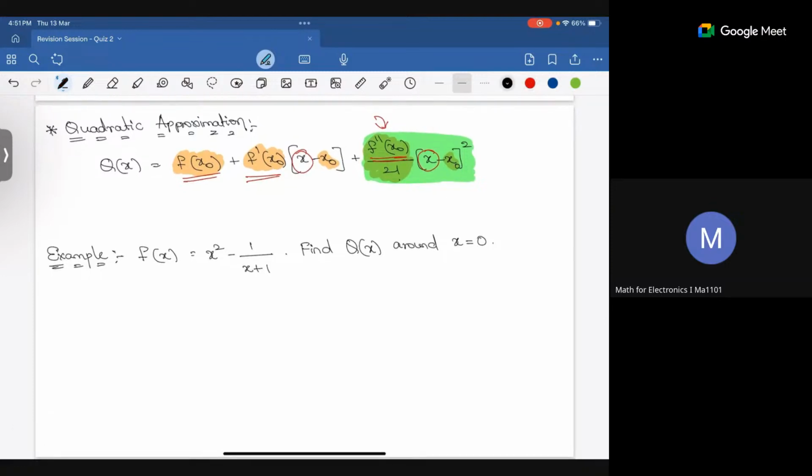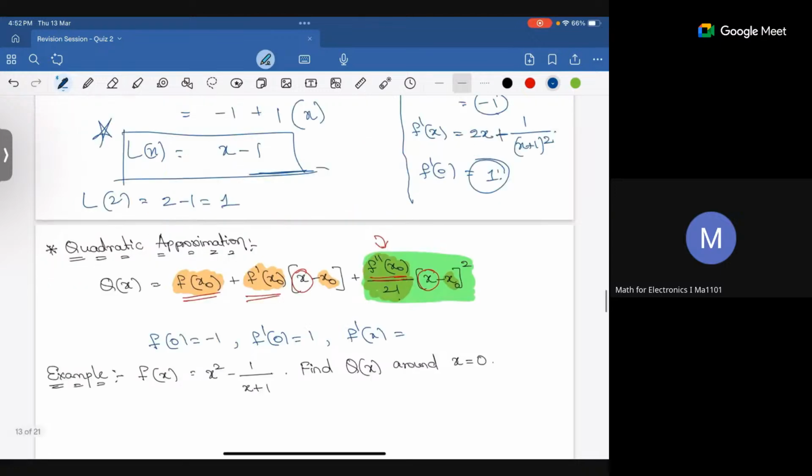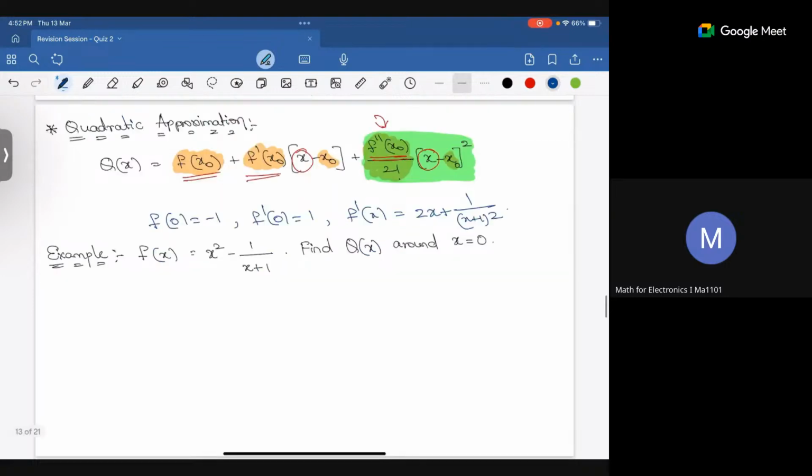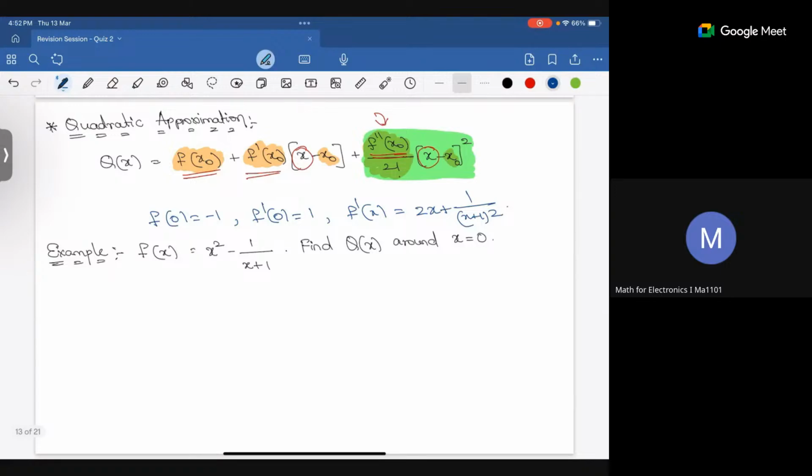For this, we already know f of 0 is minus 1. f prime of 0 is 1. Right? So we also have f prime of x, which is 2x plus 1 by x plus 1 whole square. We will use this to compute f double prime of 0.